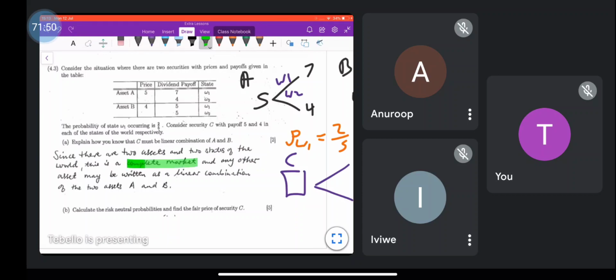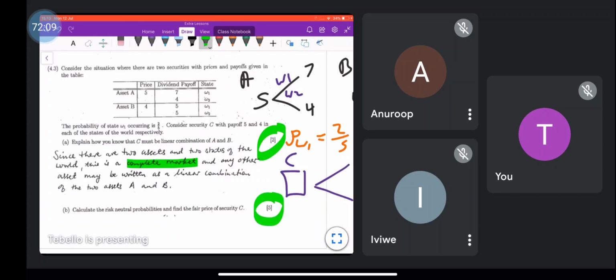If it is a complete market, then C is going to be a linear combination of A and B. But I am not very concerned about this one. I am concerned about the question over here.